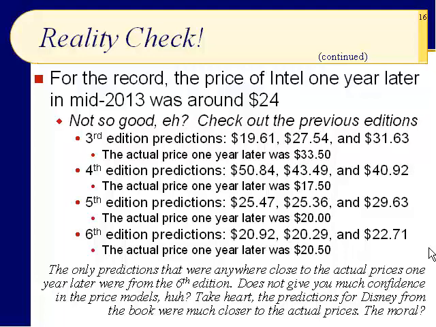Does not give you much confidence in the price models that we just went through, do they? Yeah, well, I'm not a big fan of them myself, but take heart. The predictions for Disney from the book were much closer to the actual prices. What's the moral of the story?